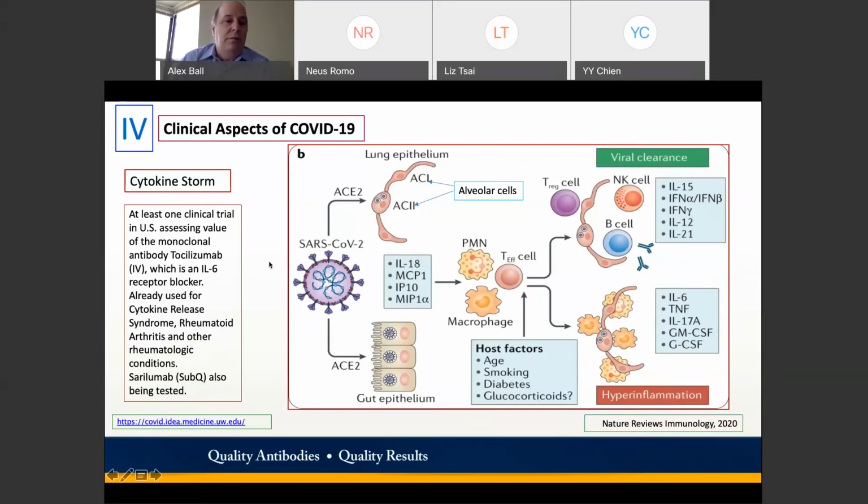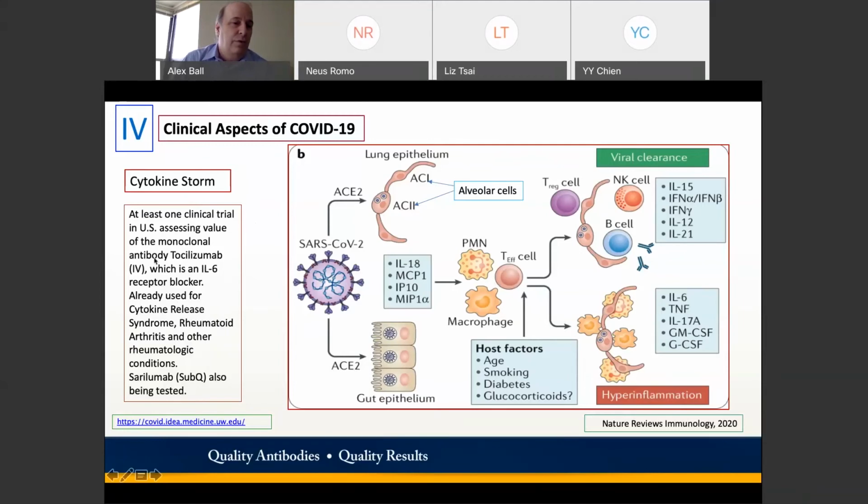As numerous studies have been done to look for active agents, what's had some success are agents that block this pro-inflammatory flow, this cytokine syndrome or cytokine storm.